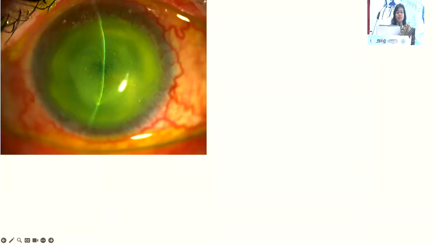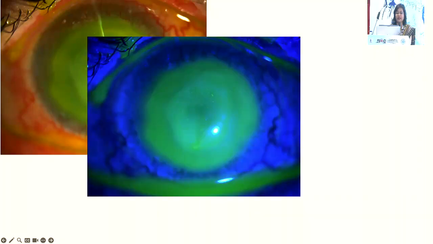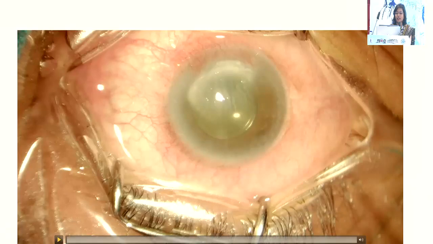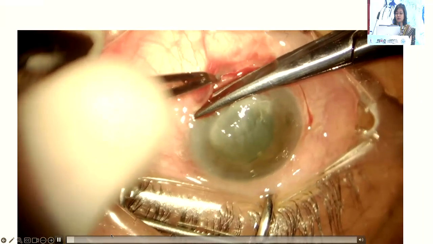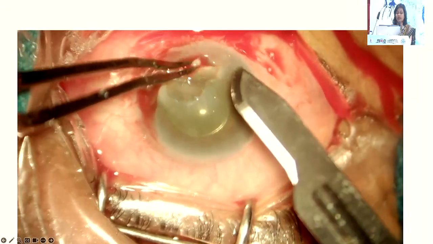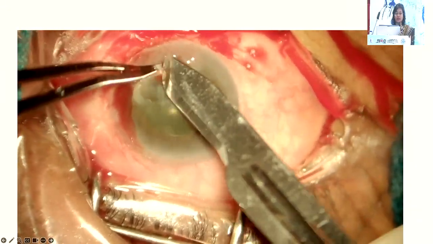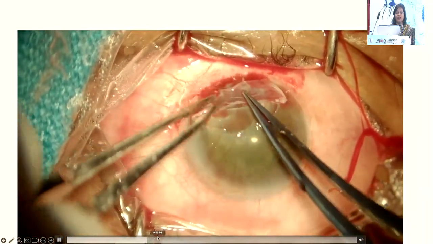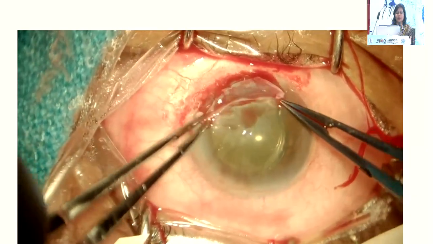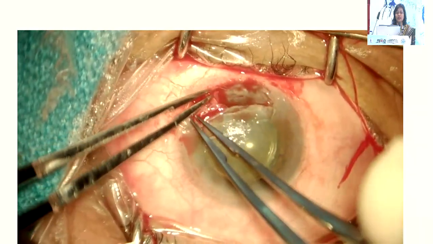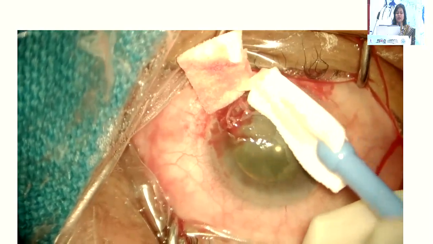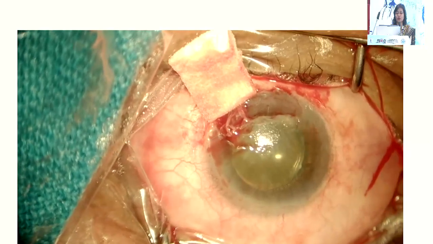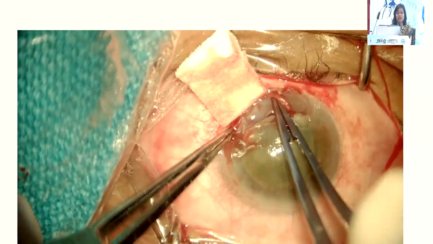And it can also be used in the form of multi-layered amniotic membrane, like I will just show you in this video, where the debridement has been done, and since the tissue loss is quite a lot after debridement, we would like to place one smaller piece of amniotic membrane with the epithelial side up and glue it after drying up the surface with a Weck-Cel sponge, and then place the other piece just over it, which is larger than the previous one.